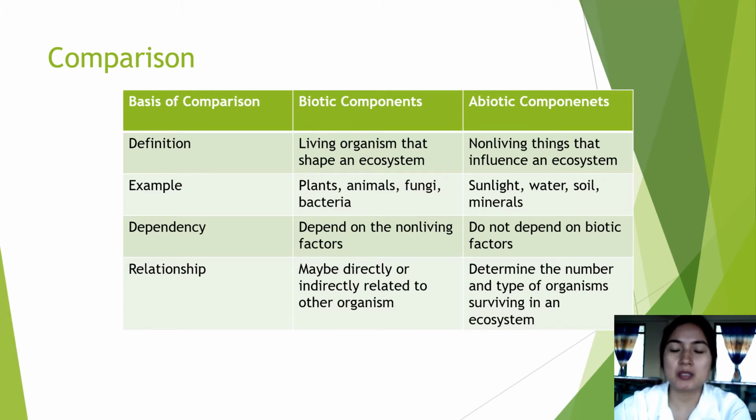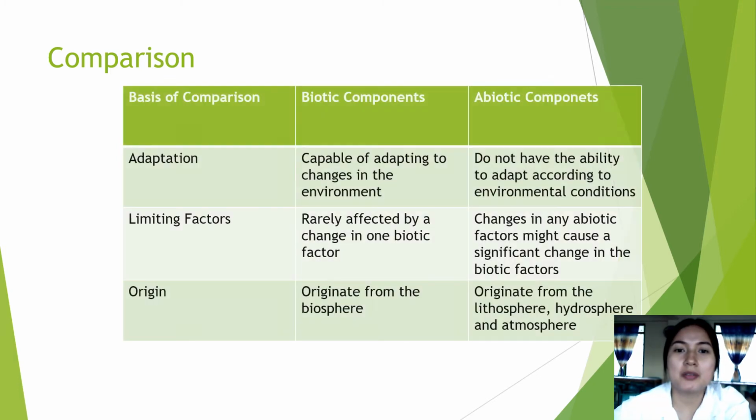Biotic components may be directly or indirectly related to other organisms. Abiotic components determine the number and type of organisms living in an ecosystem. Biotic components are capable of adapting to changes in the environment, while abiotic components do not have the ability to adapt according to environmental conditions.